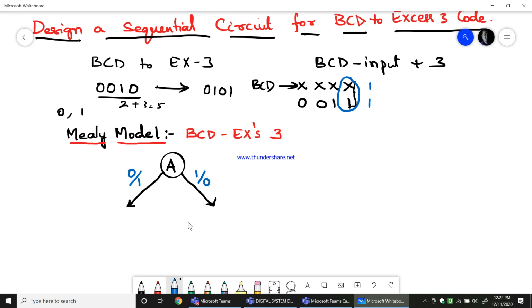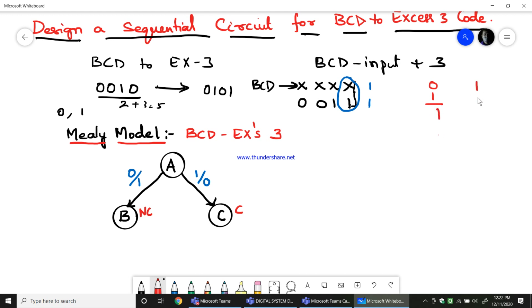but in the next state, let me see, this is B and this is C. We got this state with no carry and this state with carry. The reason is when I added 0 with 1, I got sum 1 and carry 0.